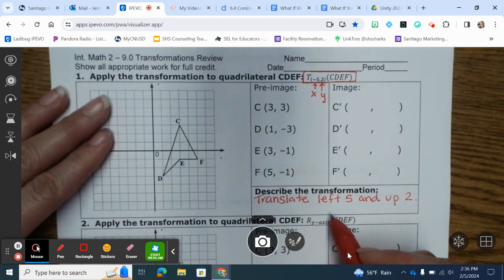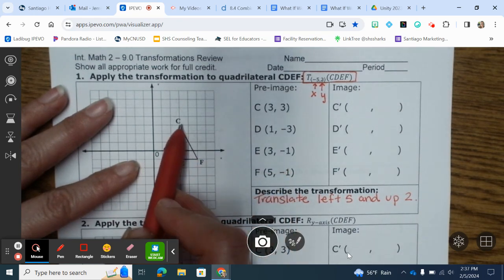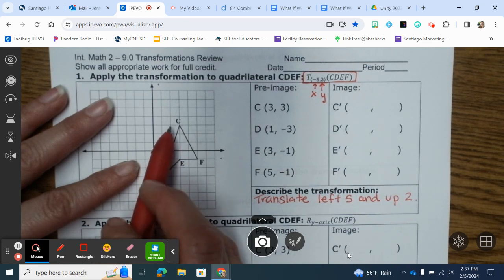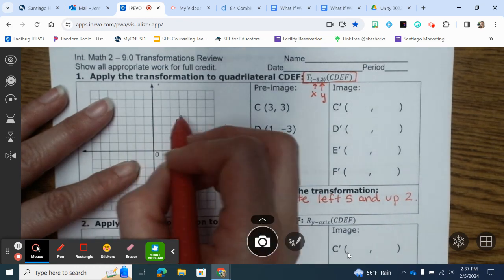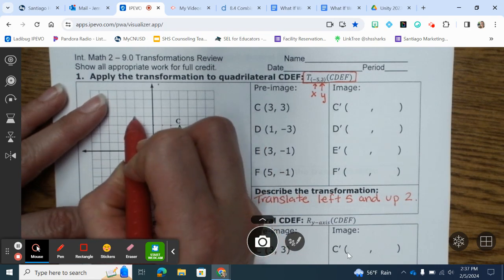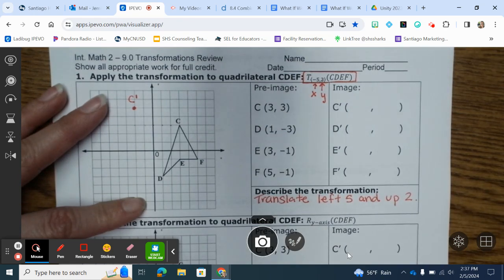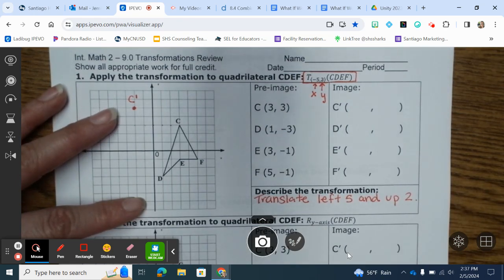Either one is good. So I start here. For example, I have C, which is 3, 3. Translate left 5 and up 2. So from here, I'm going to count 1, 2, 3, 4, 5, and then up 2. Here's my new C value. I'm going to mark it as C prime because it's going to be part of my image.